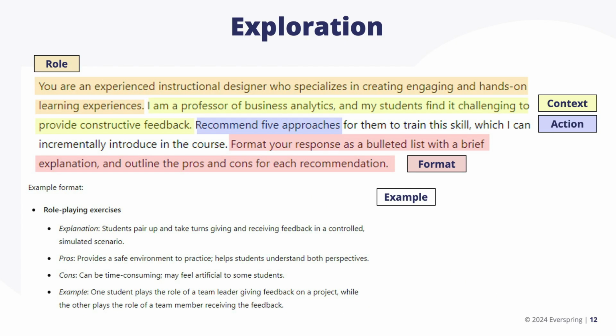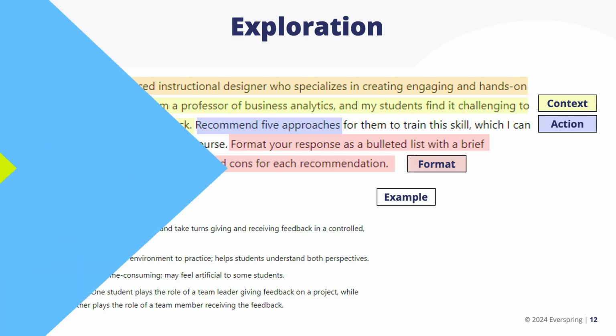Doing so would ensure consistent outputs, reducing learners' cognitive load by eliminating the need to process recommendations in various formats and allowing learners to focus more on the content. Then the prompt might look something like this. I encourage you to replace the context with the one that applies to you and try to evaluate the outputs. Save the outputs to use them later in this webinar.